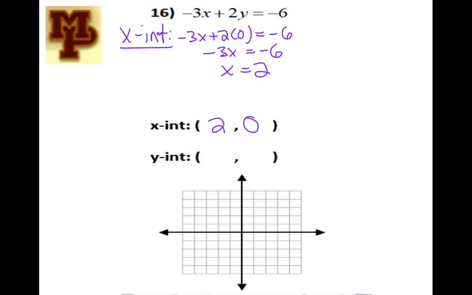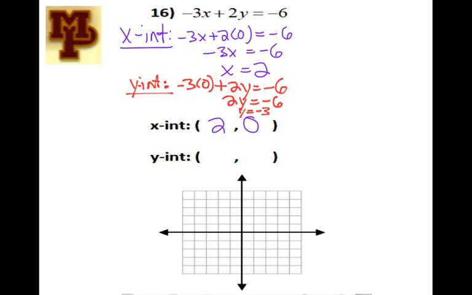And then y-intercept, we're going to plug in a 0 for the x, so it'll be negative 3 times 0 plus 2y equals negative 6. 0, that'll cancel out, so it'll be 2y equals negative 6. And so then y will equal negative 3.